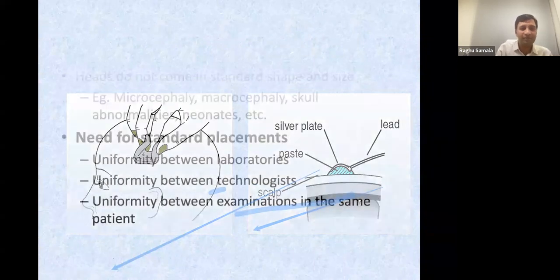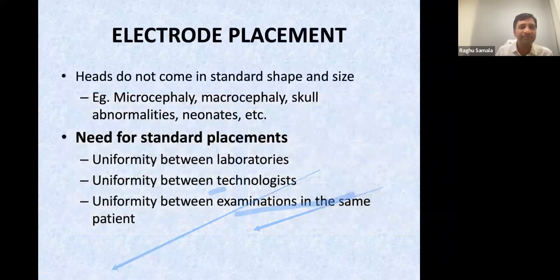Heads do not come in a standard shape, and some people can have microcephaly, macrocephaly, or skull abnormalities, as in neonates. So there is a need for standardization of the placements. So we use the 10-20 system.